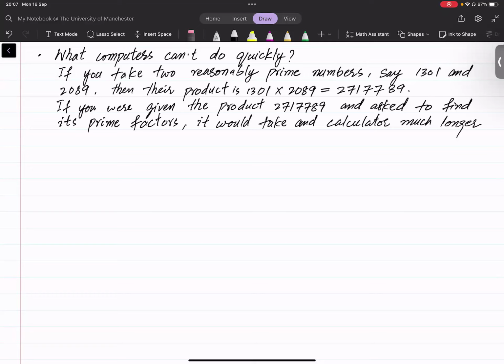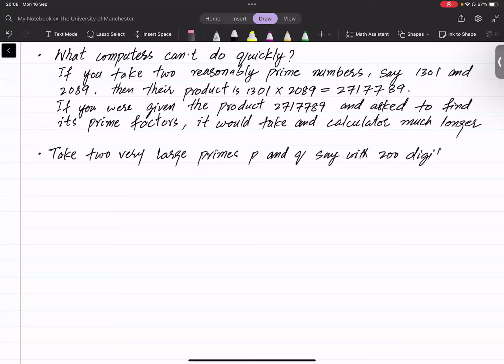Now take two very large primes, P and Q, say with 200 digits each.